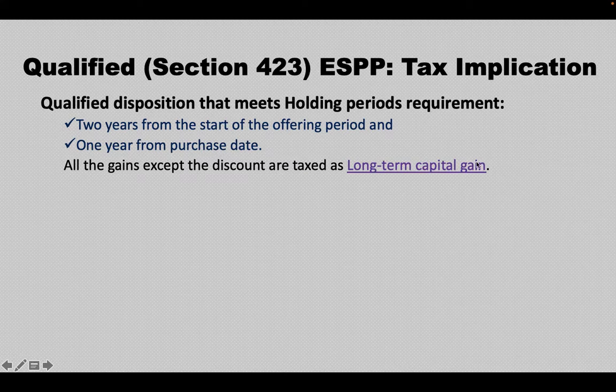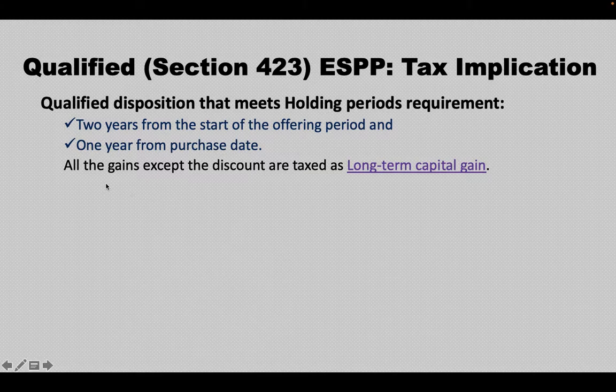So I'm going to do an individual video just on the tax, for when you meet the holding period requirement, or when you're not meeting the requirement. I'll show you examples of how it works.